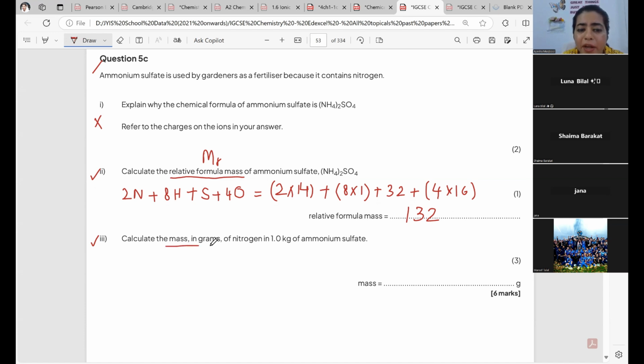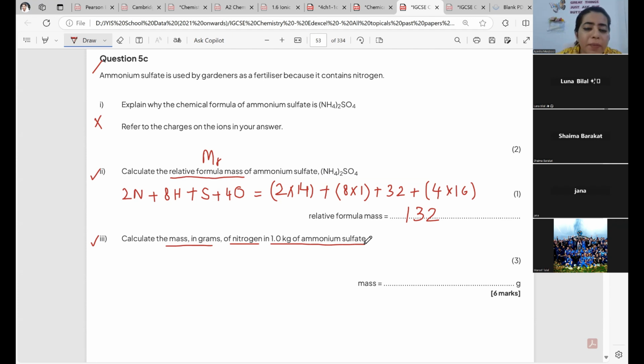Calculate the mass in grams of nitrogen in 1 kg of ammonium sulfate. This question is a little different from all the questions that are given to you. 1 kg of ammonium sulfate is given to you, right?